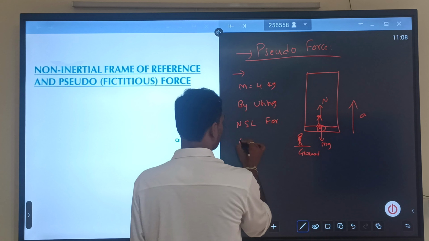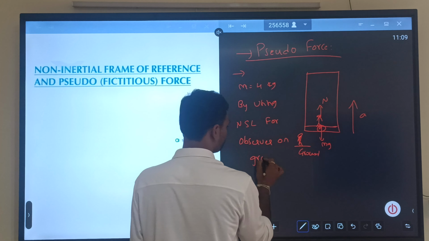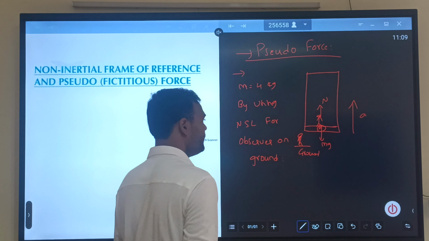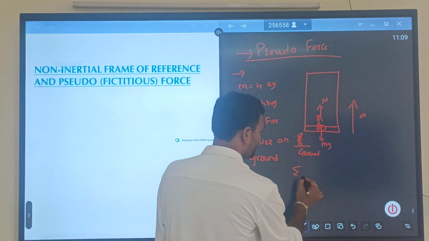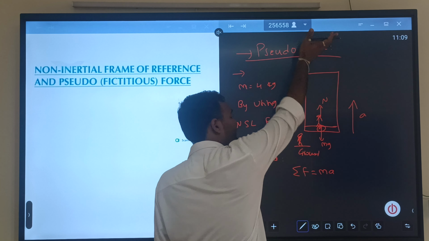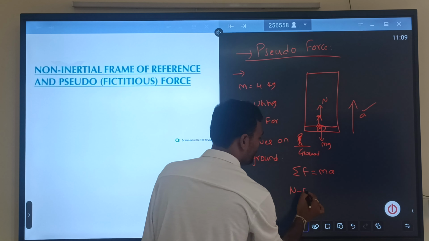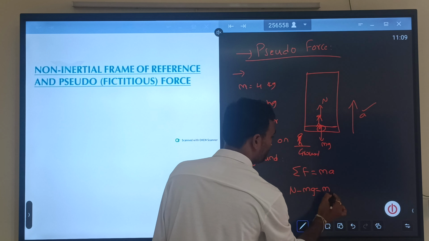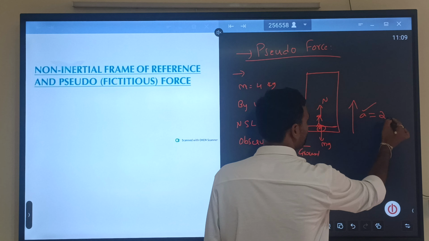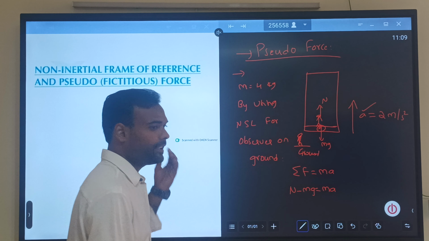The sum of all the forces is equal to mass into acceleration, and the whole system is moving with the acceleration a. The sum of all the forces means N minus mg is equal to ma. Let it be moving with an acceleration of 2 meter per second square. Let us assume like this, right?